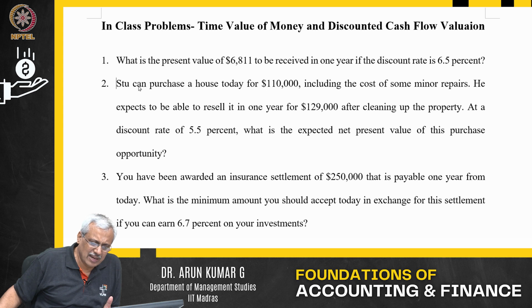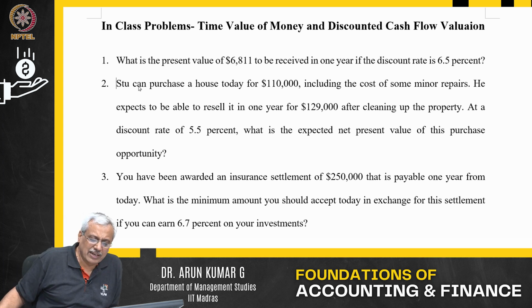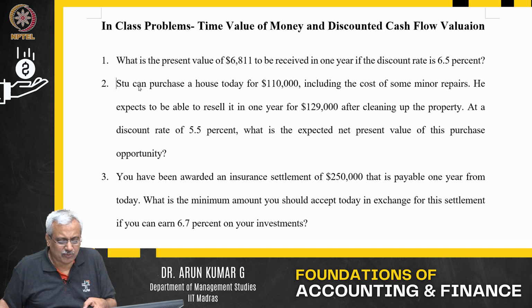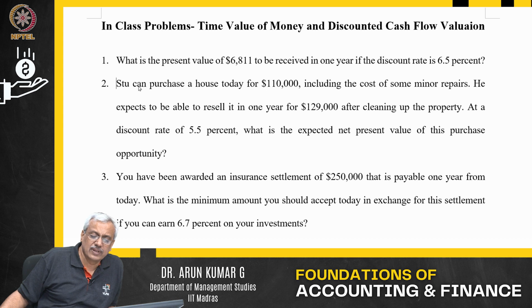Let us start with this. Let me start with the second question here. Stu can purchase a house today for about 1,10,000, including the cost of minor repairs. He is expected to resell it in 1 year at 1,29,000 after cleaning up the property.